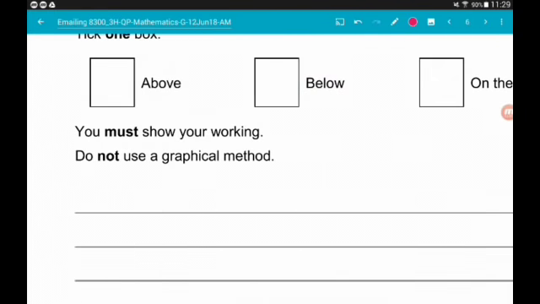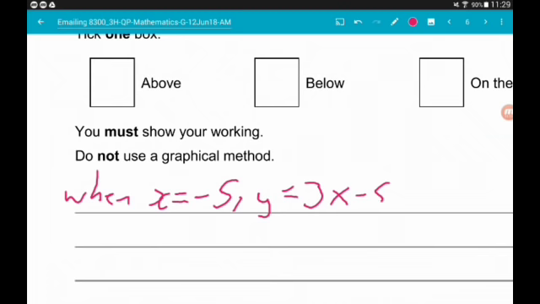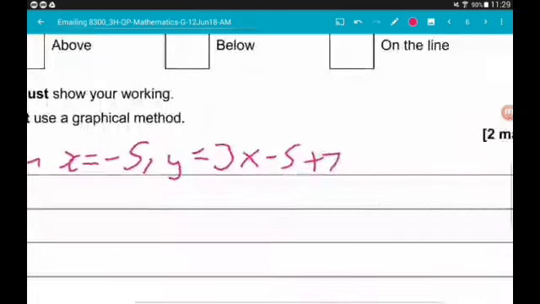So, when x is minus 5, y is 3 times minus 5 add 7. Now 3 times minus 5 is minus 15, add 7 is minus 8.